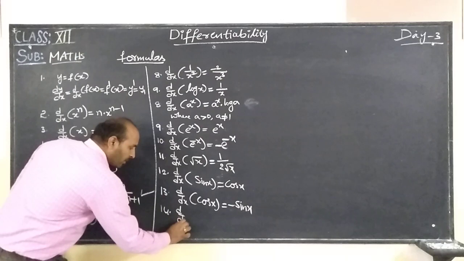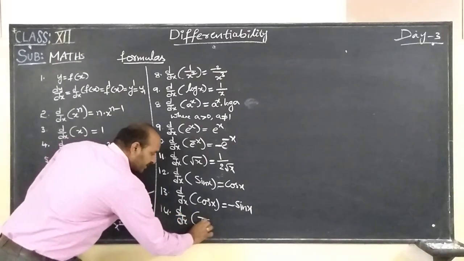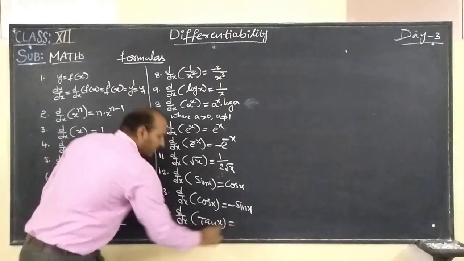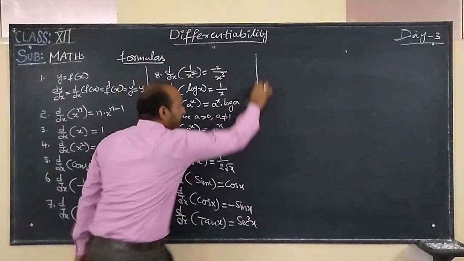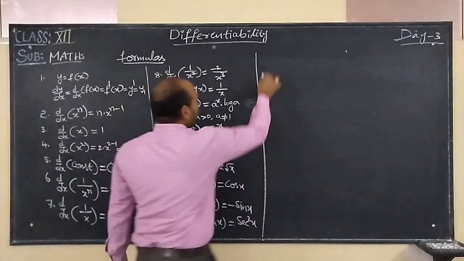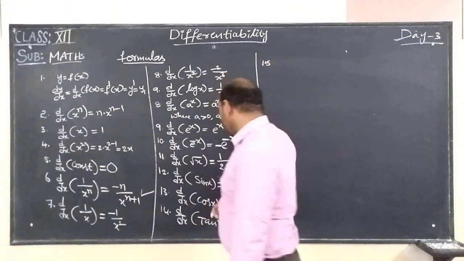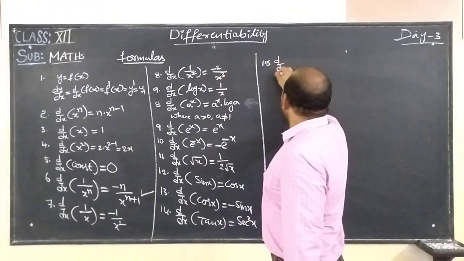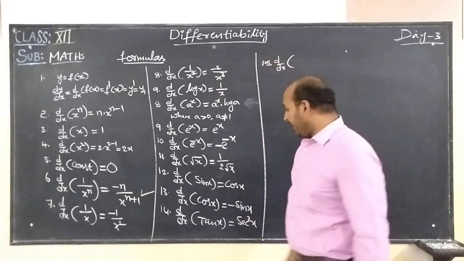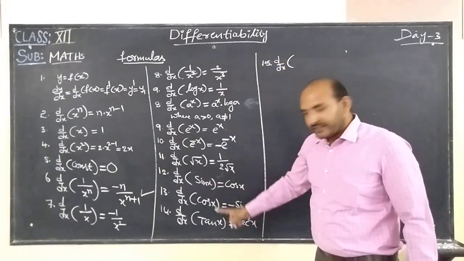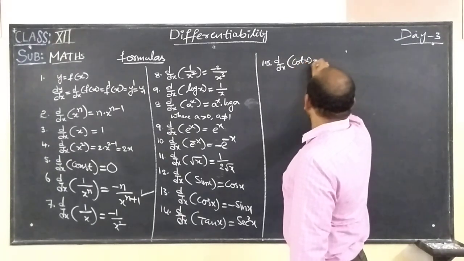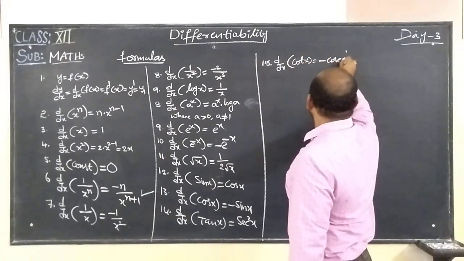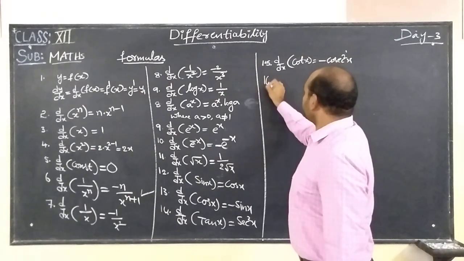D by dx of tan x, derivative of tan x is secant square x. Next, d by dx of cot x, which is equal to minus cosecant square x.